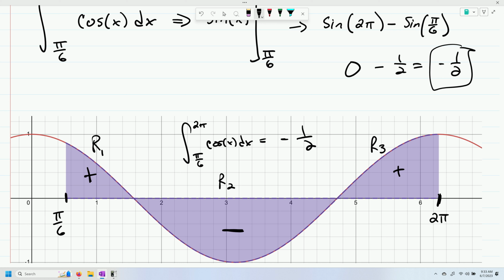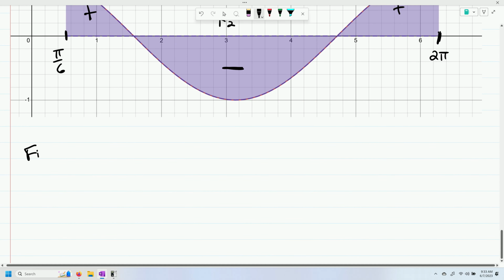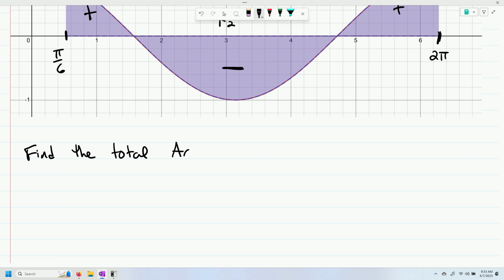This is an entirely different question than if I said, find the total area for the integral of pi over 6 to 2 pi of the cosine of x dx.